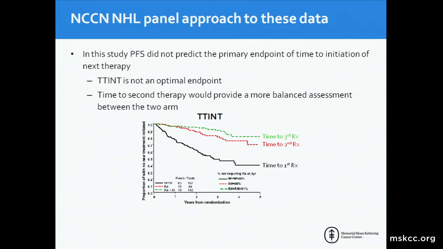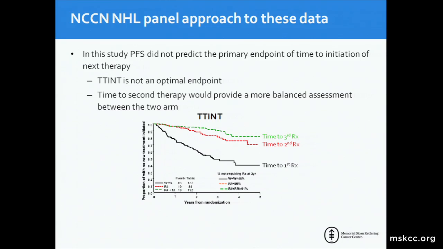So how did we interpret these data? Well, certainly PFS was not a predictor of the primary endpoint, which was time to initiation of next therapy. And we were very concerned that time to initiation of next therapy was really not an optimal endpoint.